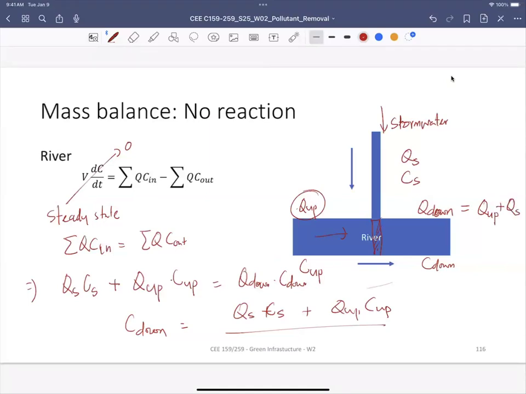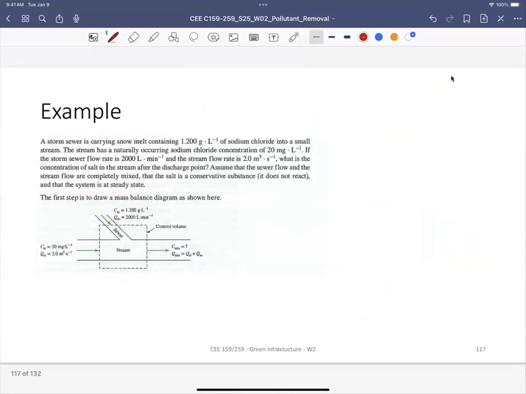The reason is that two waters are being mixed, so there is no water loss, and the net flow rate will be the addition of everything coming in beforehand. So Q down is QS plus Q up. By using this equation, you can predict what the pollutant concentration will be when the stormwater is mixed with a stream or river, assuming there is no degradation.